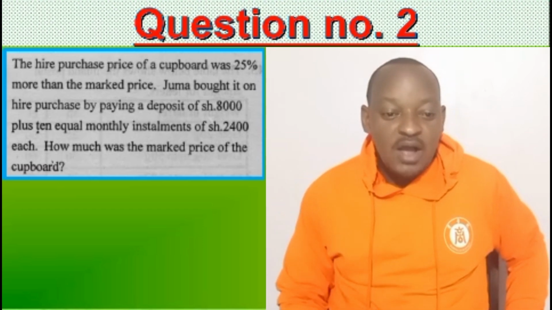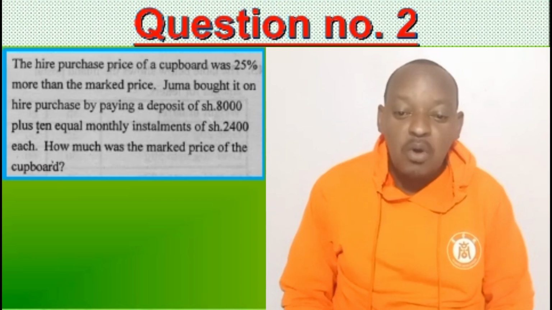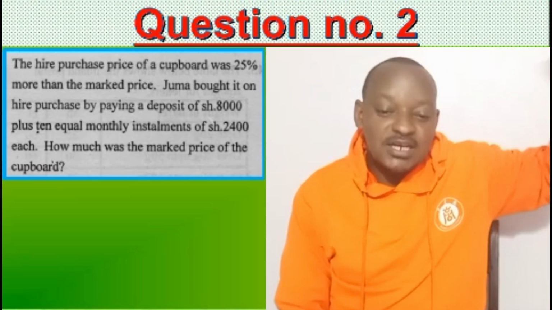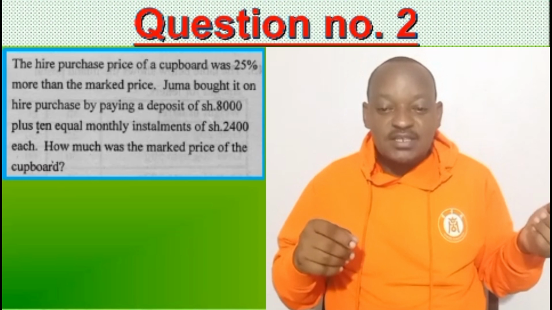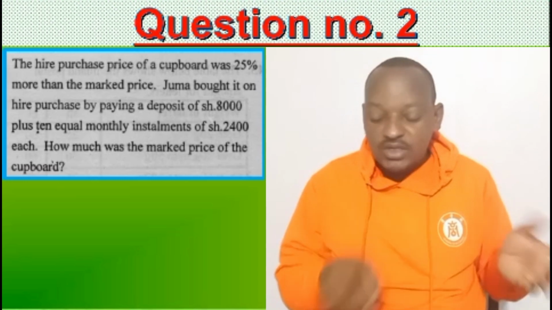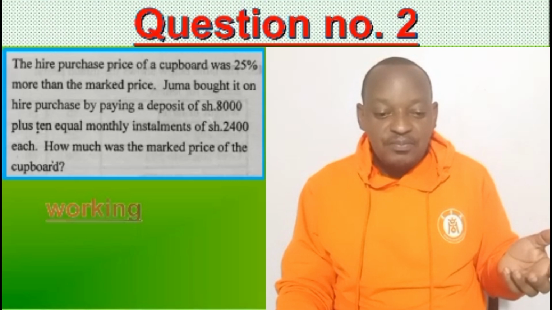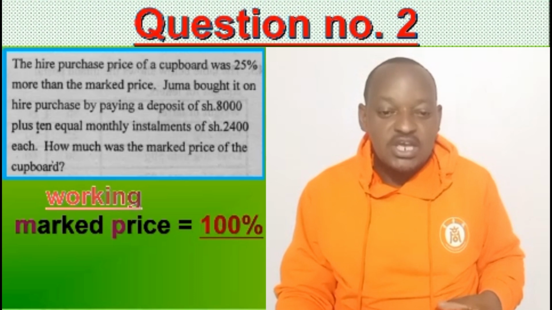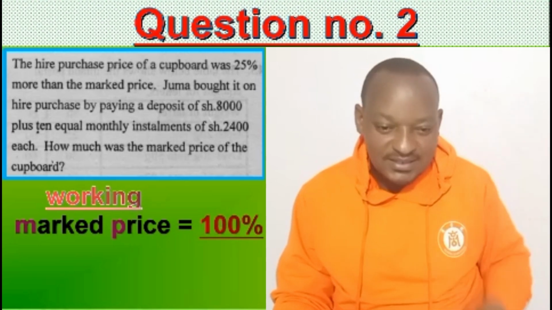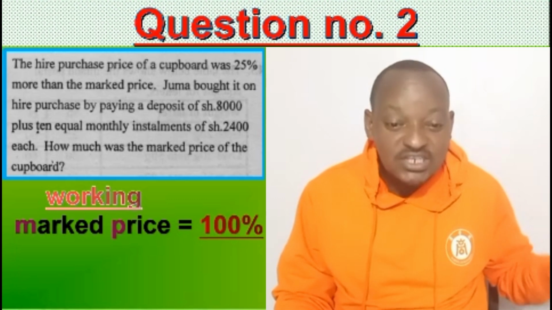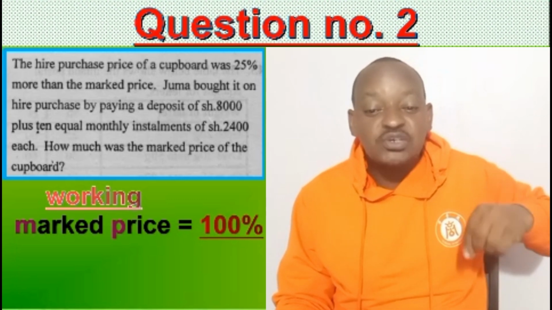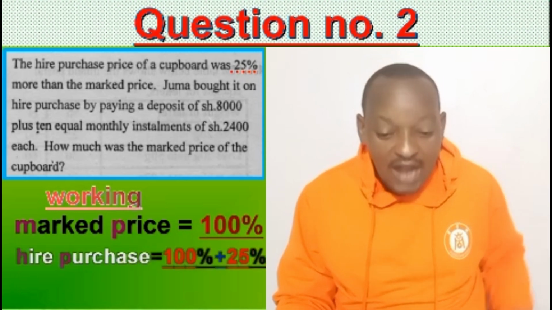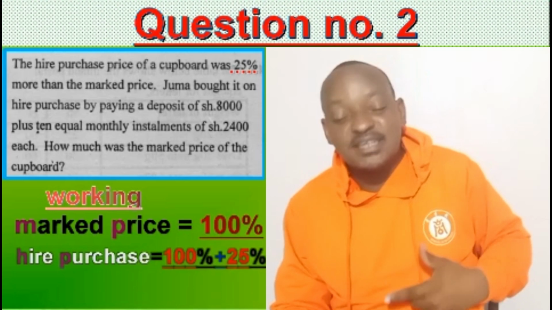So we have said that the hire purchase price of a cupboard was 25% more than the marked price. So if the marked price was 100, we shall say that all the time the marked price, that is the cash price, is always 100%. Therefore, if the hire purchase was more by 25%, it means that the hire purchase was 100% plus the 25%.